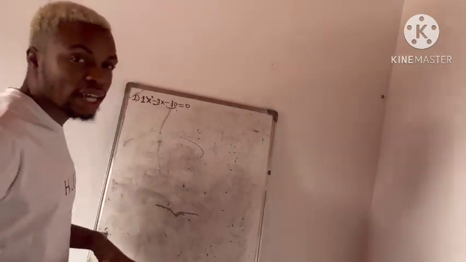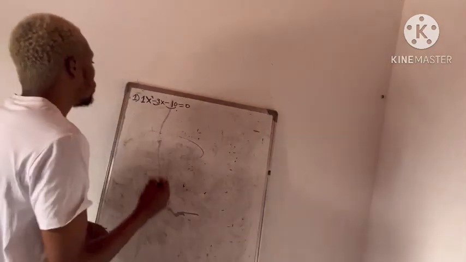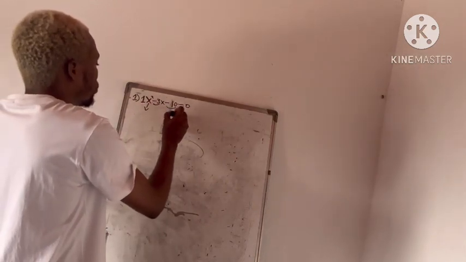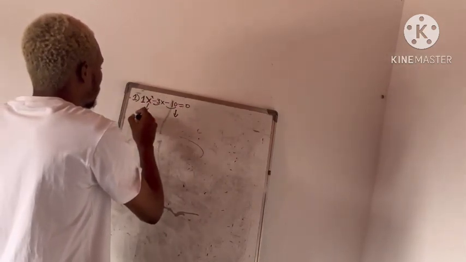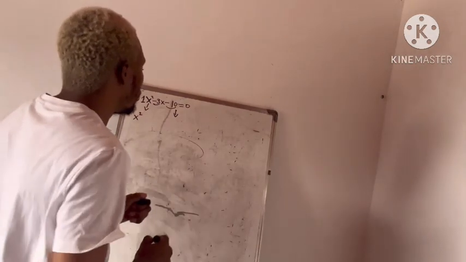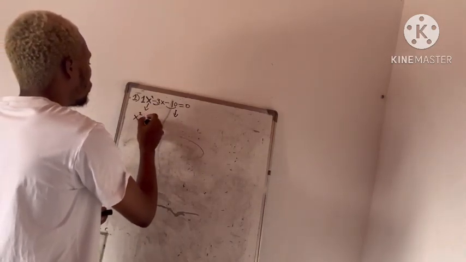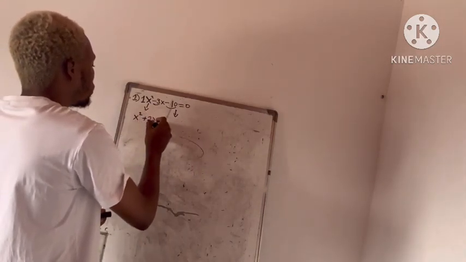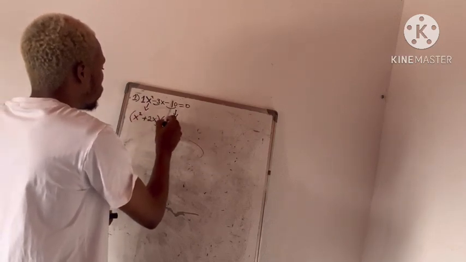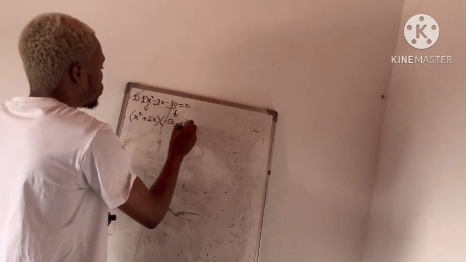Now the next thing you have to do is maintain this. When I say maintain, I mean you write x squared. Now you could write one of the numbers. Let's take 2x, put that in a bracket, and the other is minus 5x, minus 10.